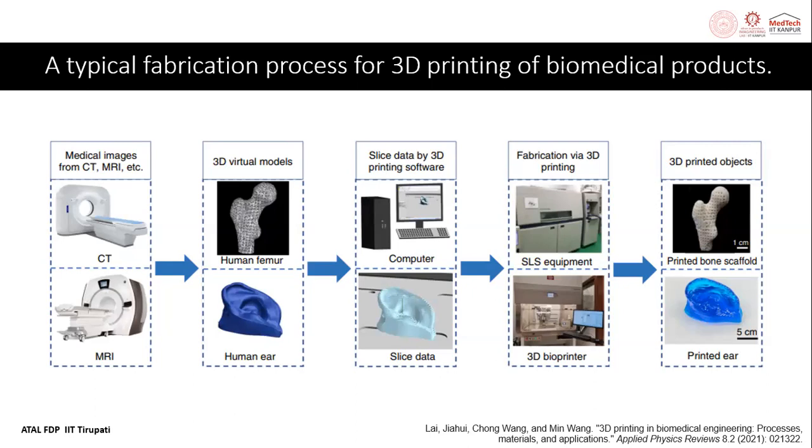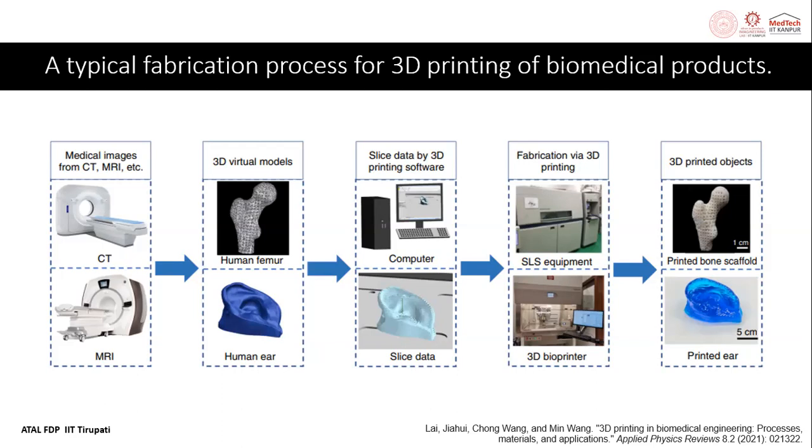The 2D images come from computerized tomography, CT, and MRI, which is magnetic resonance imaging. What you get is 2D sliced information, cross sections. On top of that you reconstruct, and then you get a 3D virtual model of it.